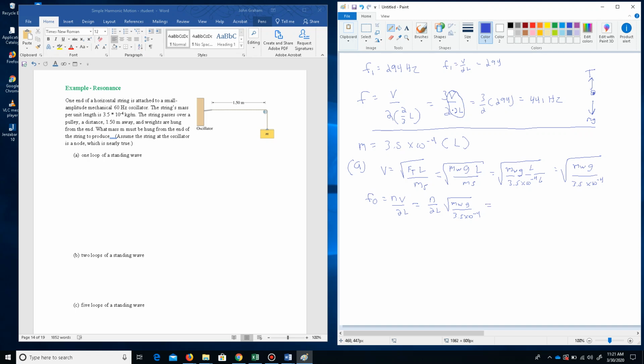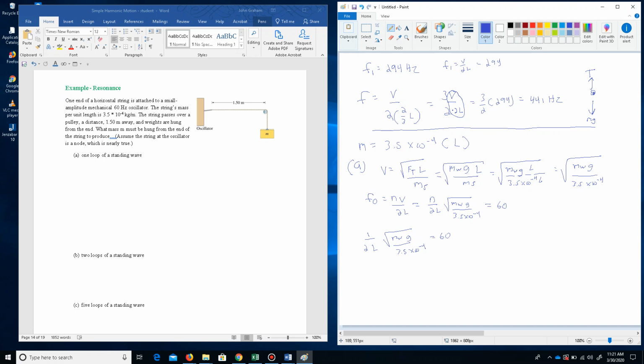So this is equal to 60 hertz for that fundamental, and n equals 1. So we can write this as 1 over 2L times the square root of mW times g over 3.5 times 10 to the negative 4, and this is equal to 60.